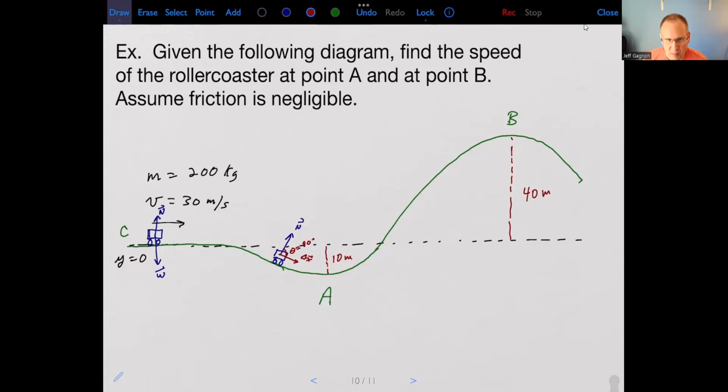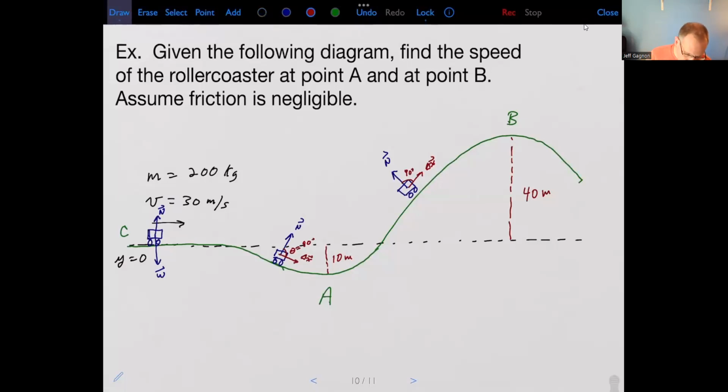It's not tending to speed it up or slow it down. Okay. And that's if you look anywhere. If I pick another spot here, the normal force is like this, and the displacement, a little tiny displacement on the track, is this way. So again, those are at 90 degrees to one another. So there's no work done by the normal force acting on this roller coaster.